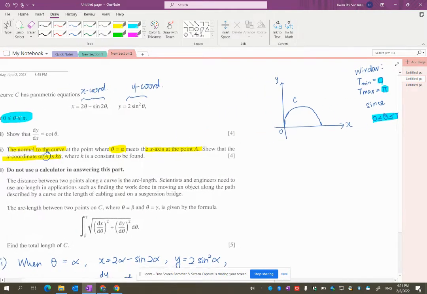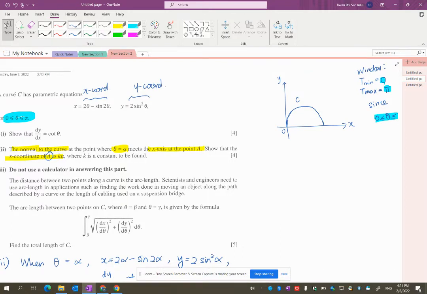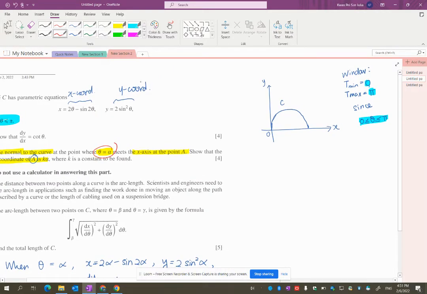Okay. So we have a general point, theta equals alpha. Try to understand the meaning of parametric equation. If you are given a parametric equation of a curve, in general, this is the x coordinate, this is the y coordinate.